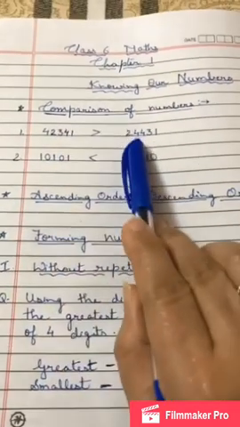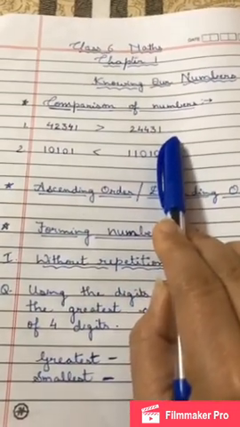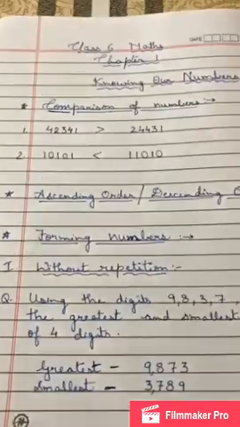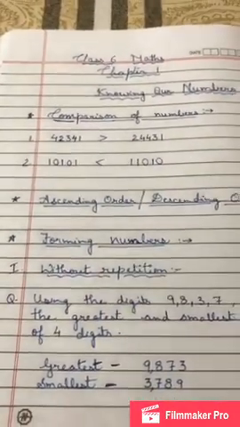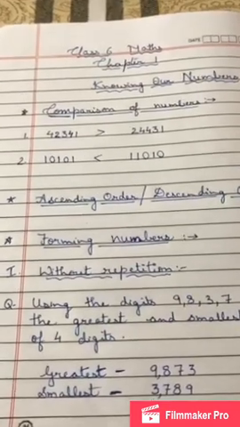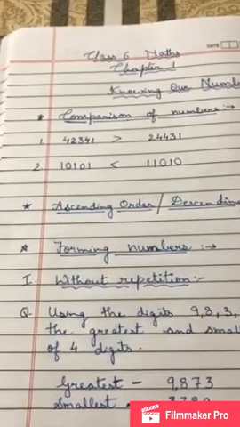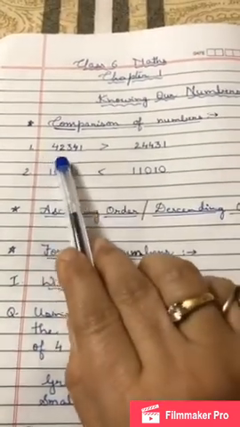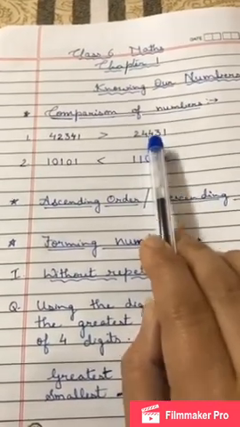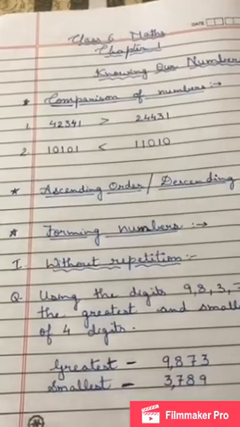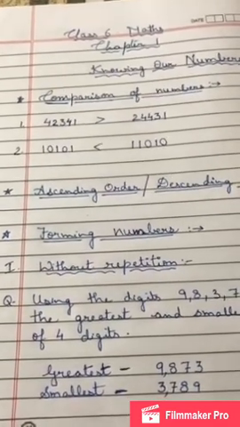42,341 and 24,431. As already done, you know that the first step is to count the number of digits in both the given numbers. In this, we can clearly see that the number of digits in both the numbers is 5. So just by counting, we are not able to come to the conclusion which number is greater.